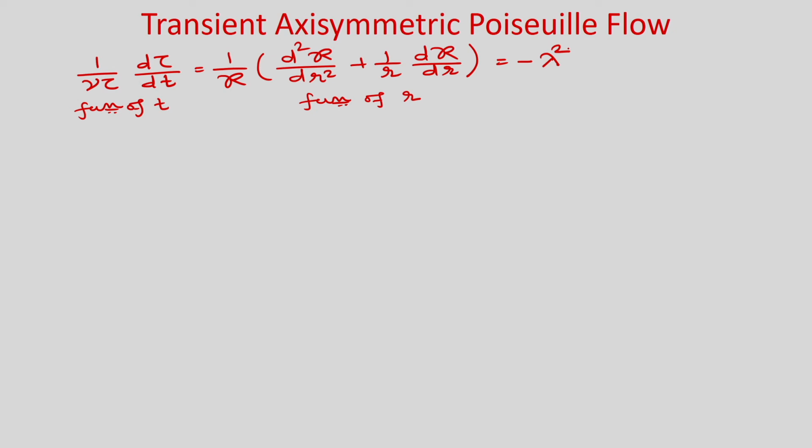So if you write this, you will get this equal to minus λ². You will get one ordinary differential equation, dτ/dt + νλ²τ = 0, and the solution is τ, a function of t only, equal to c e^(−νλ²t), where c is the integration constant.